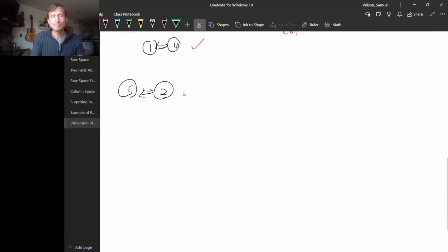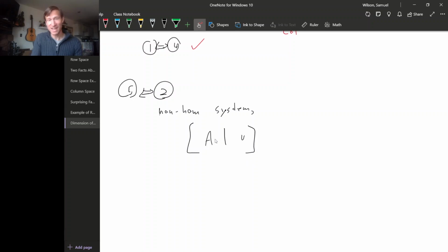Right? So if we have a non-homogeneous system, write down its augmented matrix like this. So our matrix A, the matrix of coefficients, is most of this augmented matrix, and then the augmented column is the right-hand side of the system.